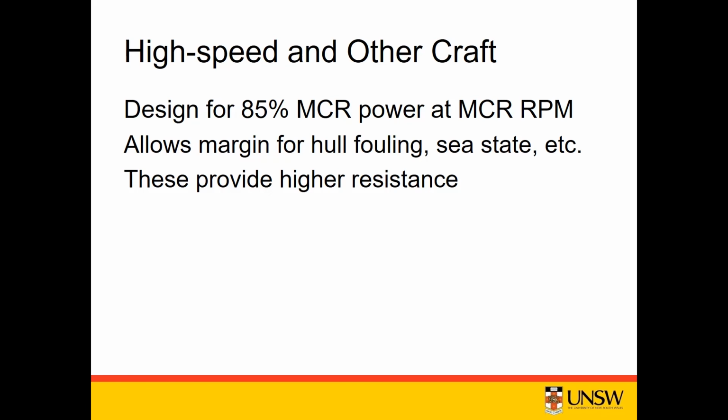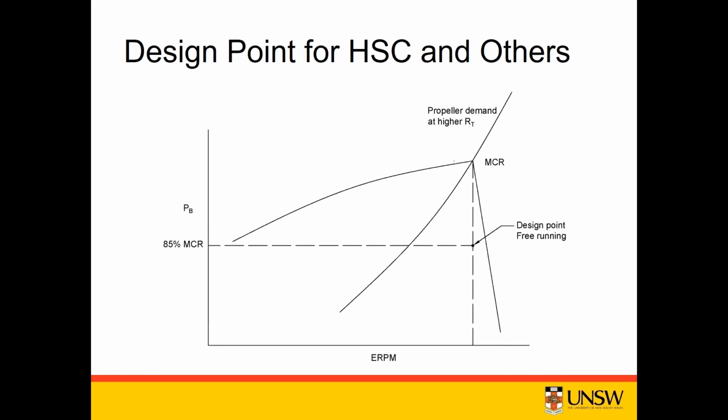If you want to go the Spirit of Tasmania operation across Bass Strait, for example, they would typically design for 85% maximum continuous rating power, because it gives them that extra 15% to load the engine in high sea states and when the vessel's been quite a time out of dock, because both of those sorts of things provide higher resistance for the vessel.